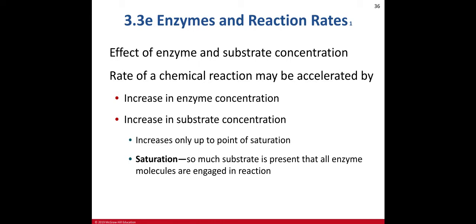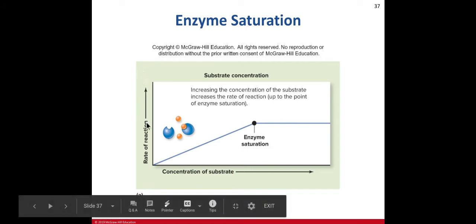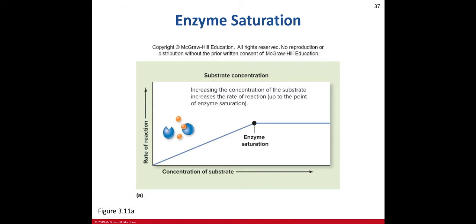And even if we added more substrate, there wouldn't be enough enzyme to continue the reaction until we use it on whatever is bound already to the enzyme. So we reach a point where we just can't make it happen any faster. And that's here. We can increase the reaction rate so much. If we increase the amount of substrate, we increase the reaction until we get to a place where we can no longer speed it up without having more enzyme available.